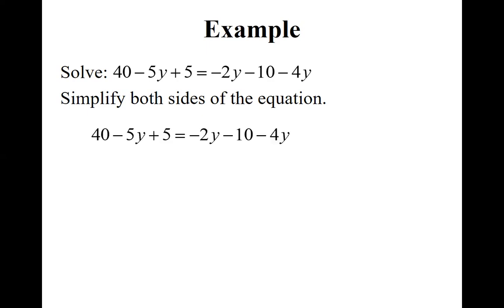So on the left, 40 plus 5 is 45. On the right, negative 2y minus 4y is negative 6y. So we have 45 minus 5y equals negative 6y minus 10.